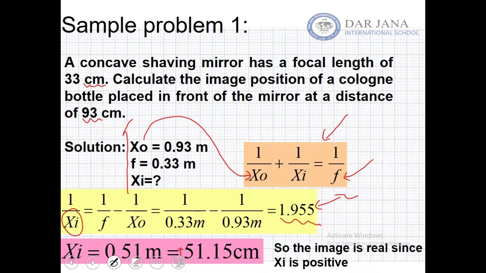Since it's positive 51.15 centimeters, the image is said to be a real image, since Xi is positive. Of course, since it's real, that gives us the type, and we also know the direction. Real is the type, so the direction will be, in this case, inverted.